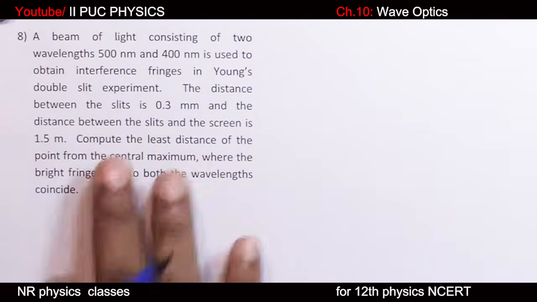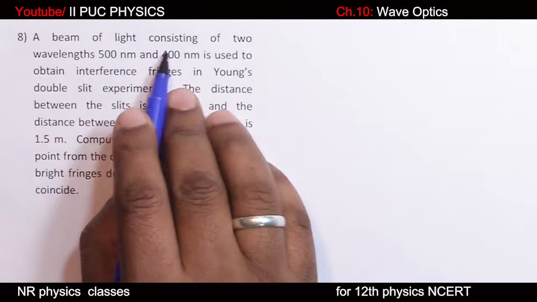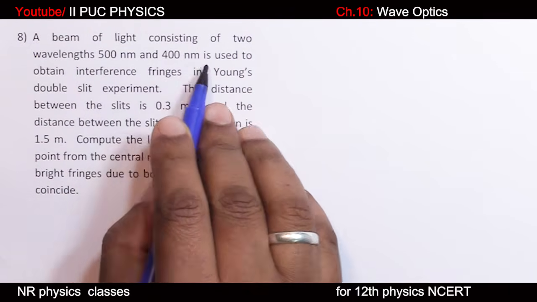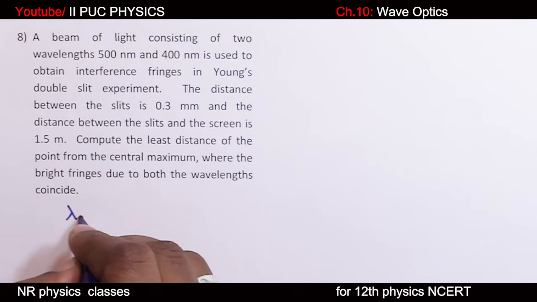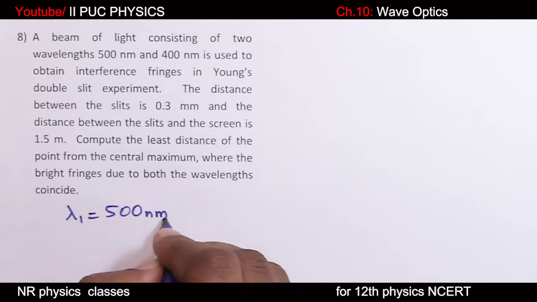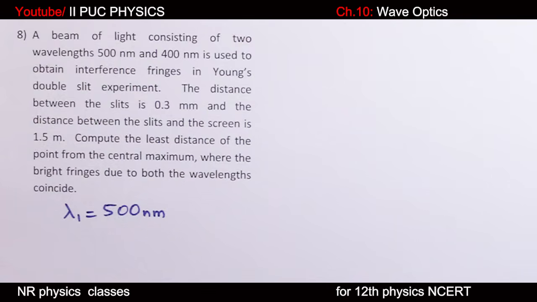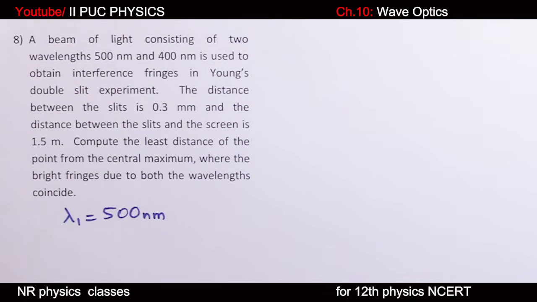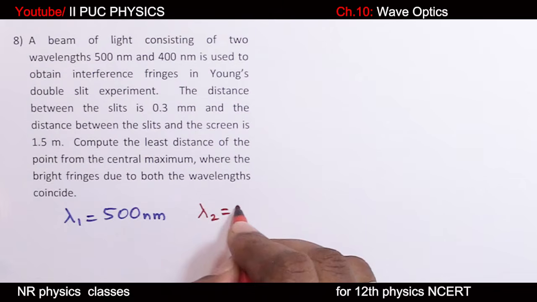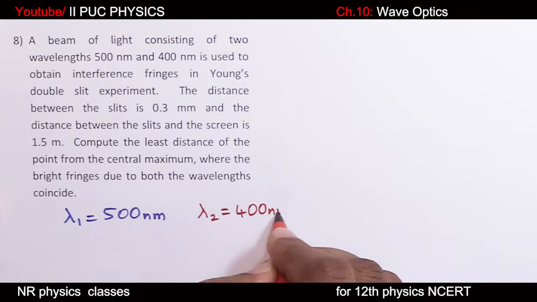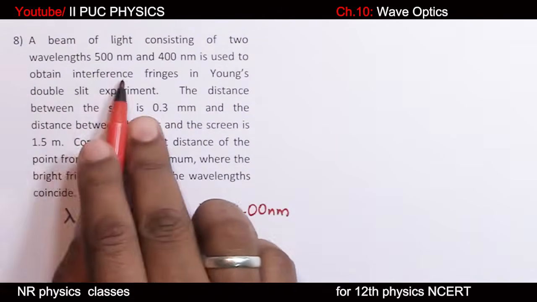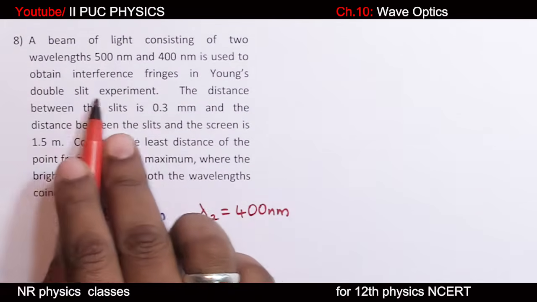First understand the problem. A beam of light consisting of two wavelengths, lambda 1 is 500 nanometer, lambda 2 is 400 nanometer, is used to obtain interference fringes in Young's double slit experiment.